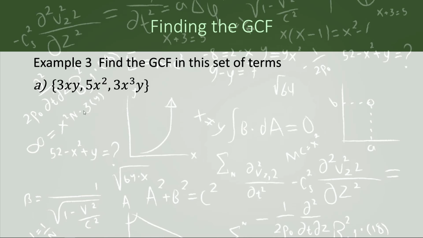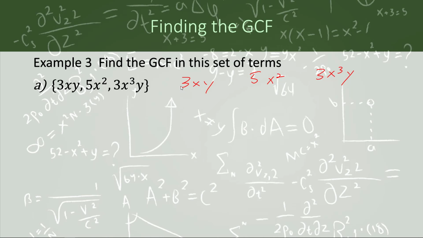Now, step 1 is to break out the coefficients into their prime factorization, but they're already prime numbers, so we're good to go. We have 3xy, 5x squared, and then 3x cubed y. Okay, so we want to write down the common factors.